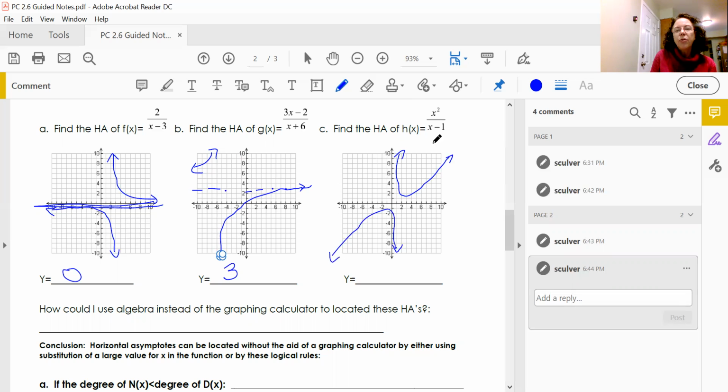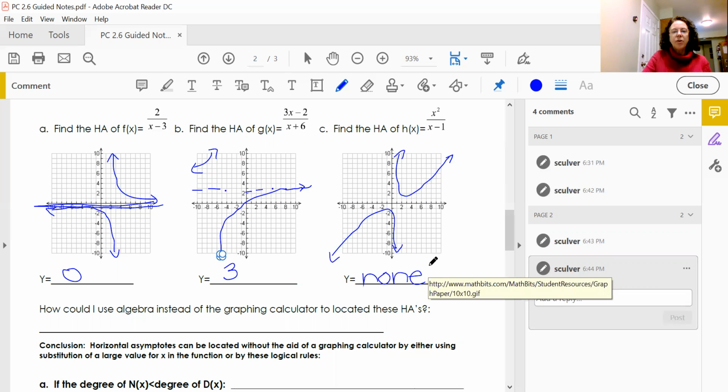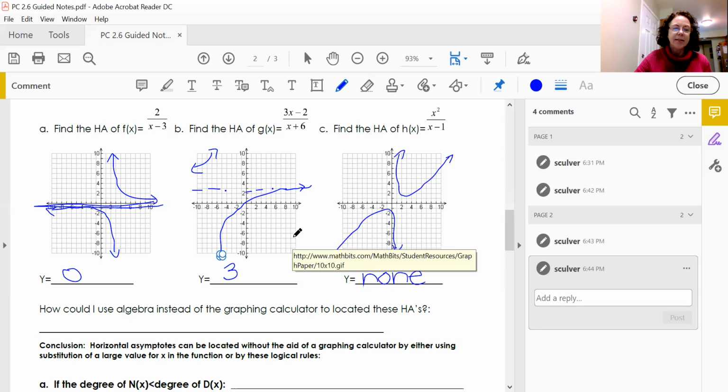So it turns out nowhere for this graph does it seem to flatten out horizontally. And so there's not always a horizontal asymptote, just like there's not always a vertical asymptote or there's not always a hole. So what can we do here instead of using our graphing calculator to identify horizontal asymptotes?